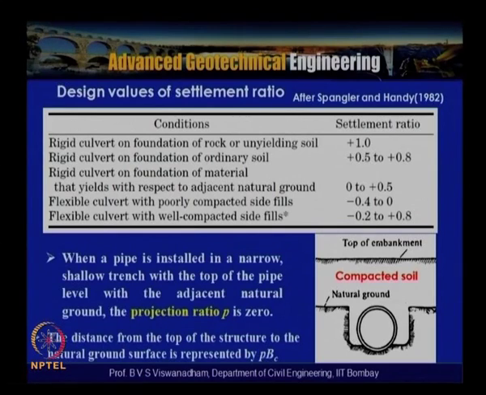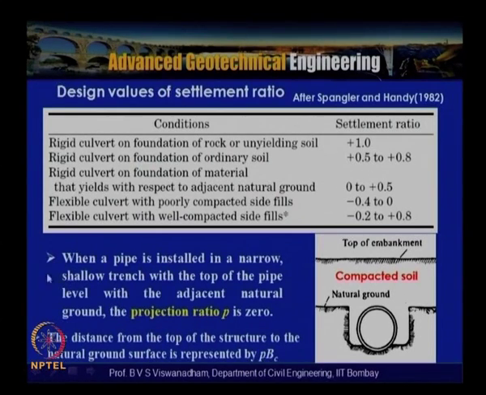For a flexible culvert with poorly compacted side fills, the settlement ratio is -0.4 to 0, and for a flexible culvert with well compacted soil, the settlement ratio is -0.2 to +0.8. So, the design values of settlement ratios are given here for rigid as well as flexible culverts.